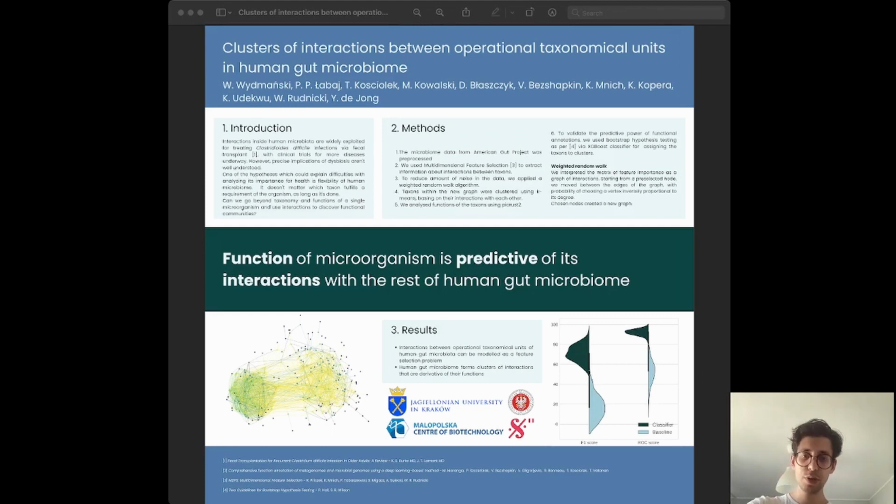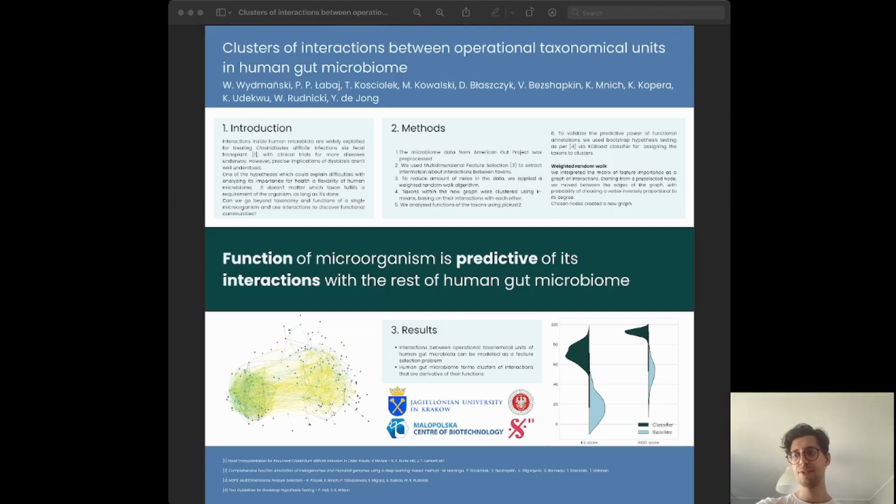This way we were able to avoid the so-called hubs, the taxons which were connected to many other nodes, which aren't necessarily important to our analysis at the moment.